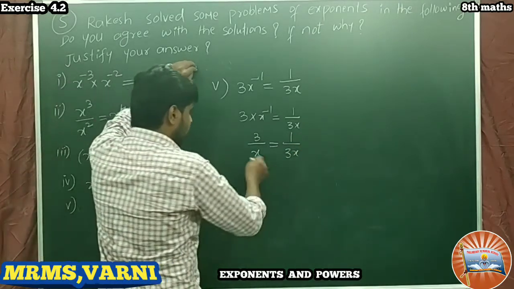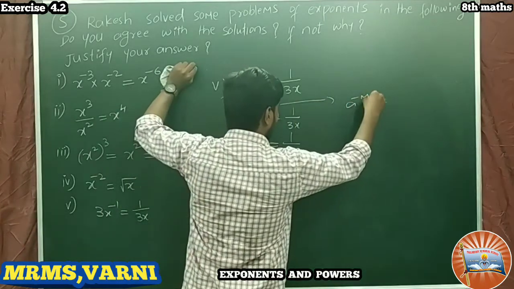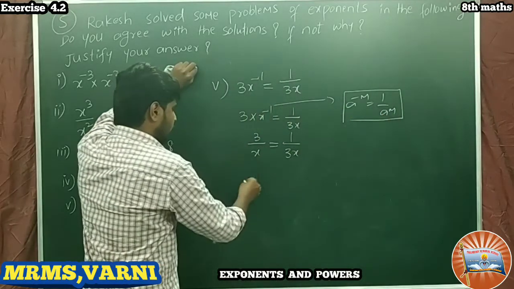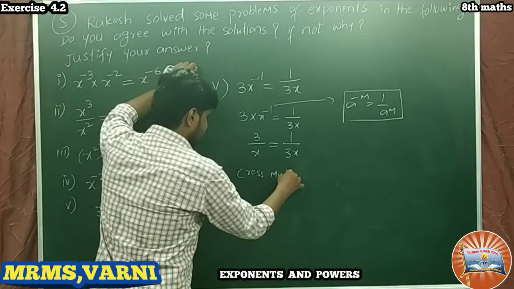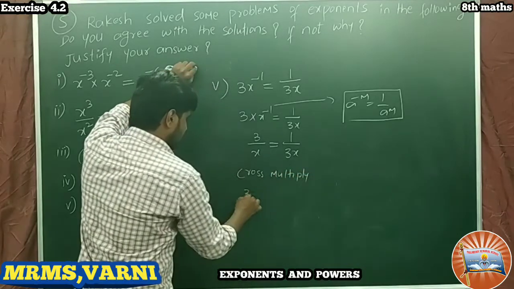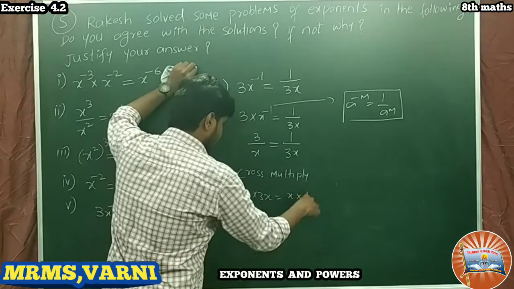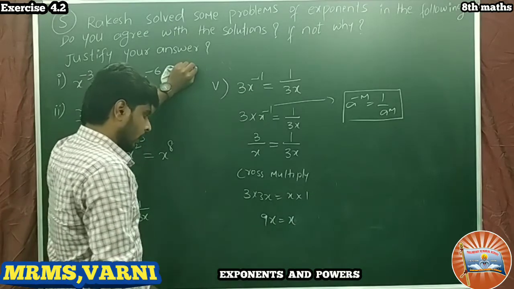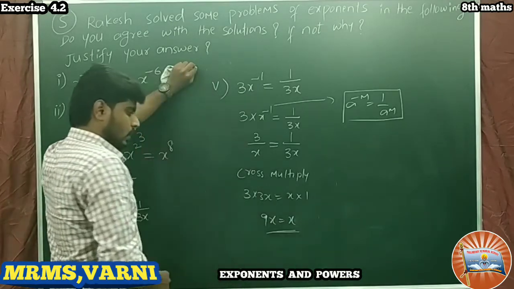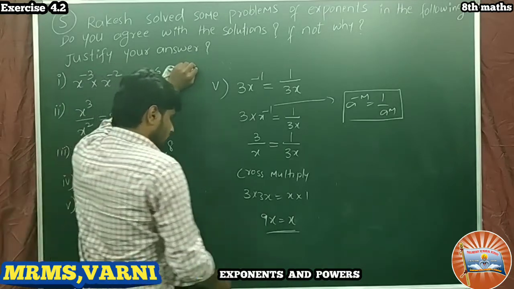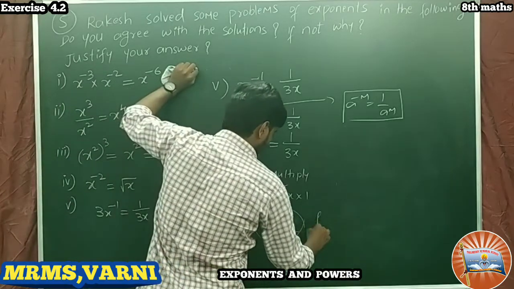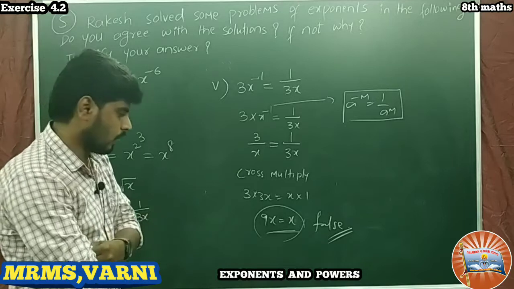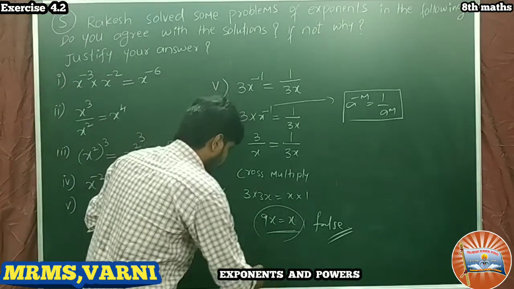Here I have used the formula a power minus m is equal to 1 by a power m. Take the cross multiplication. 3 into 3x is equal to x into 1. This is 9x is equal to x. Right. So 9x is never equal to x. So these two are not equal. This is a false statement, isn't it? Is it true? No, it is false. So here also we got a wrong solution.